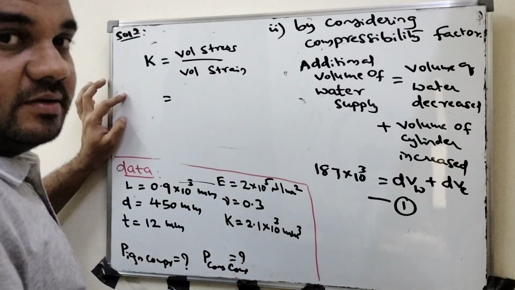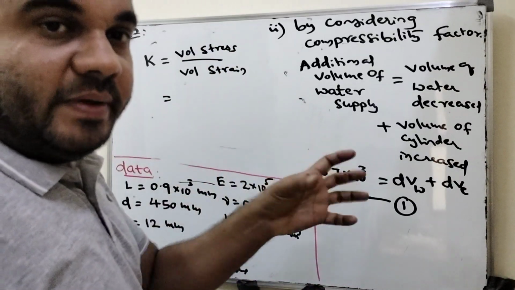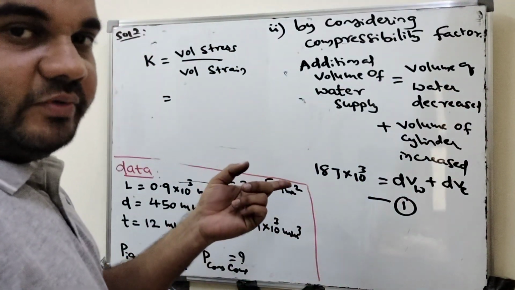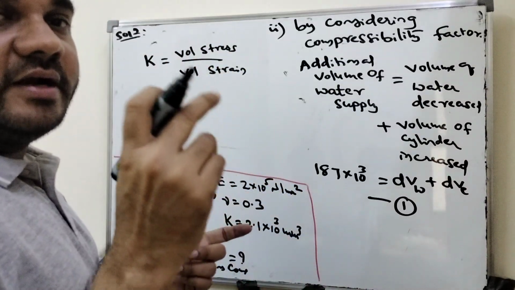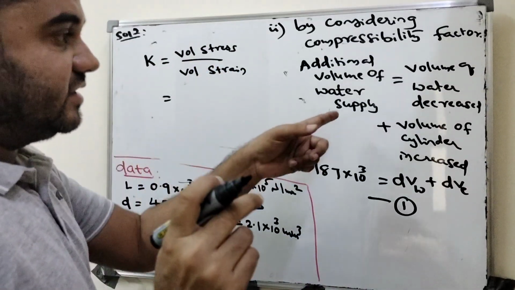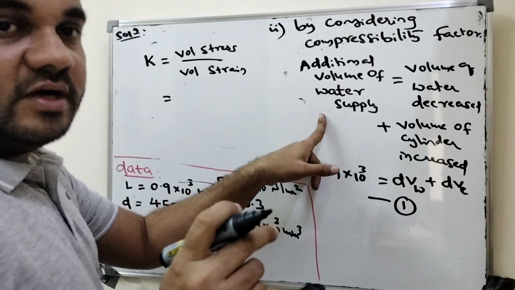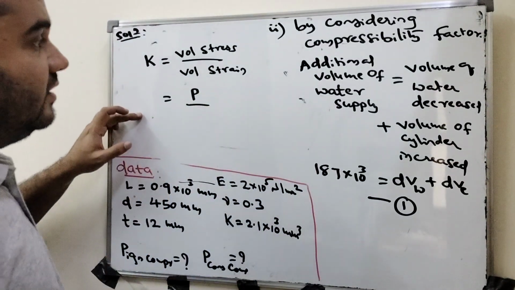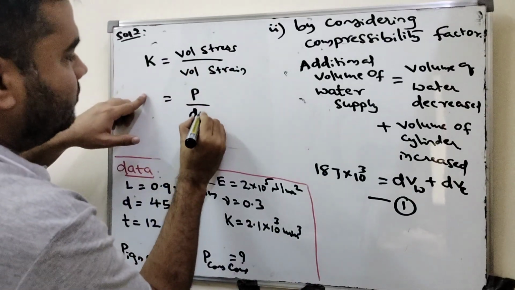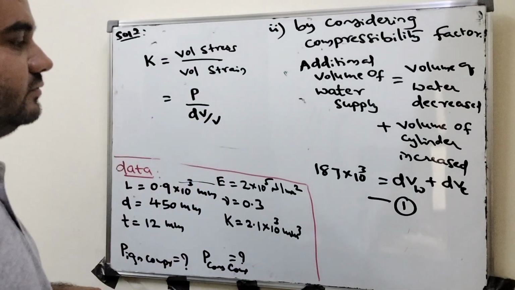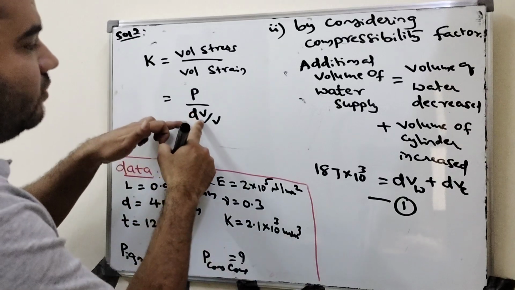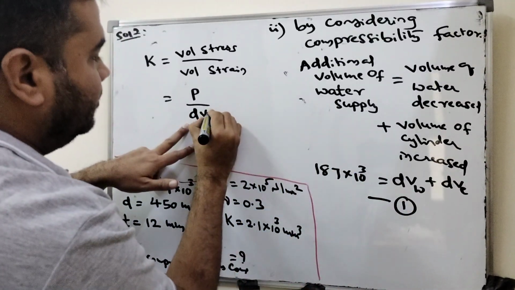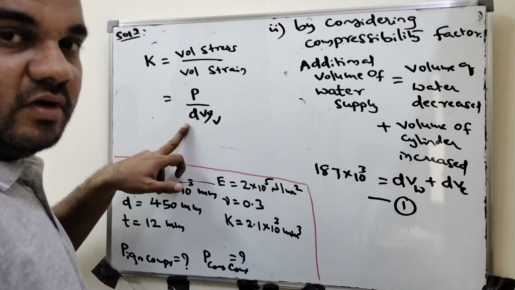If you apply it to this problem, the volumetric stress is P, whatever P we considered when supplying the water in the beginning. This extra additional water is being supplied, right? So we take P in the numerator, and the volumetric strain is the change in volume divided by the original volume. This change in volume is due to compressibility, so I write the suffix as water, the decrease in the water.